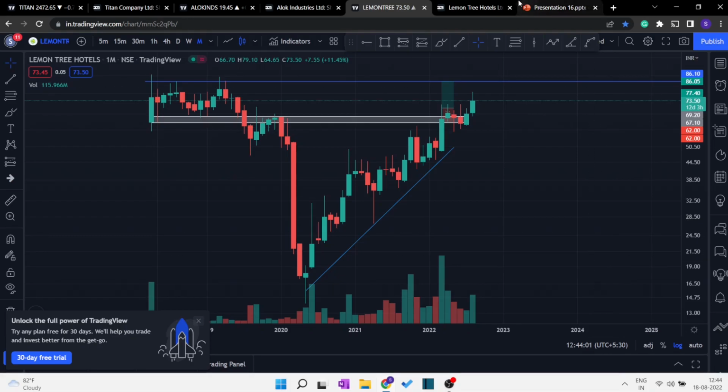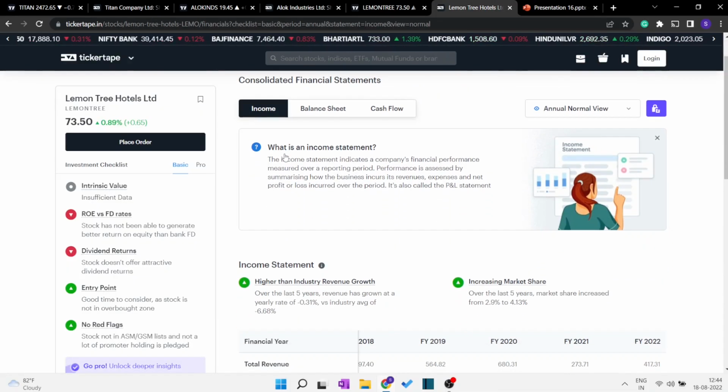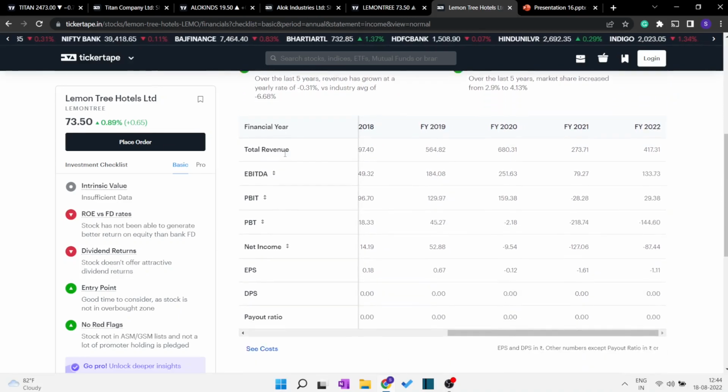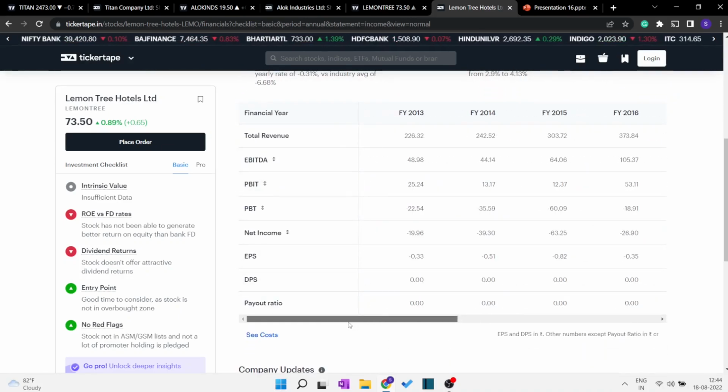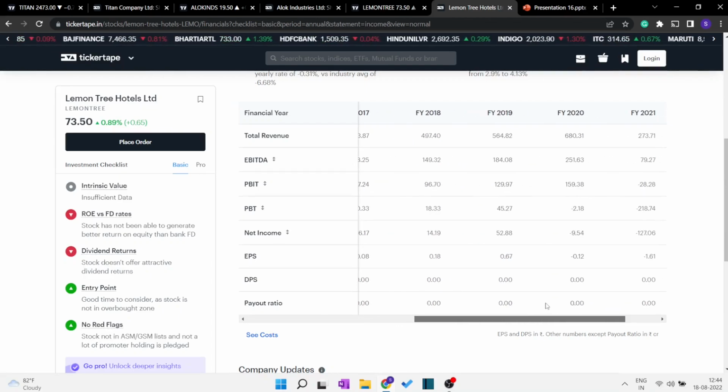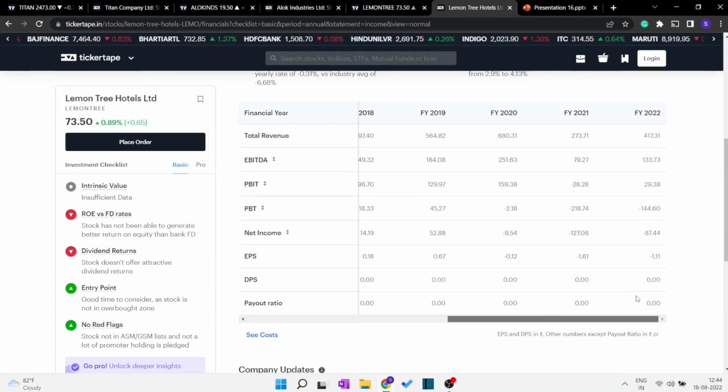And if we go to its fundamentals, if we see its income statement, the revenues are continuously increasing. You can see 226 to 42, 300, 400, 500 in COVID. Before COVID 680, after COVID 273 in 2022. They are almost back to normal, a great recovery of 417.